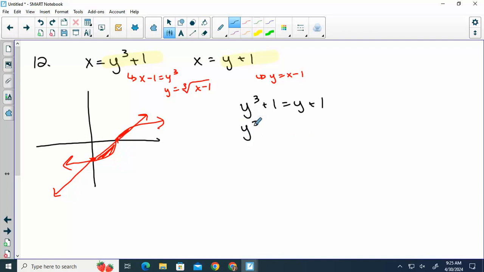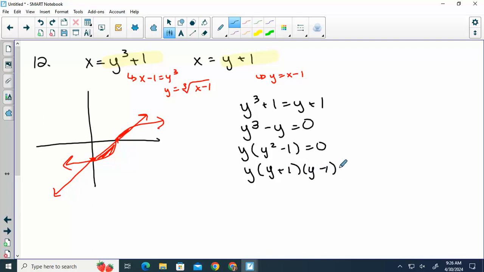If you bring everything over, the 1's cancel, take out a y, and you get y plus 1. So y equals 0, negative 1, and positive 1. So these meet 3 times, which we saw in our picture.